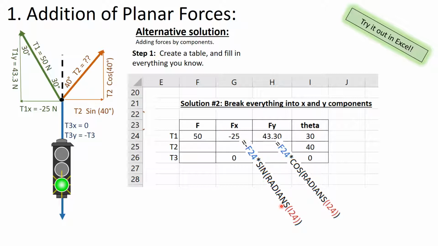Excel uses radians, so if you have the degrees in here for your theta, you can convert that into radians by just typing radians. Here's our y component. That's going to be the cosine theta. So we've split our force into x and y components just right here in our Excel spreadsheet.